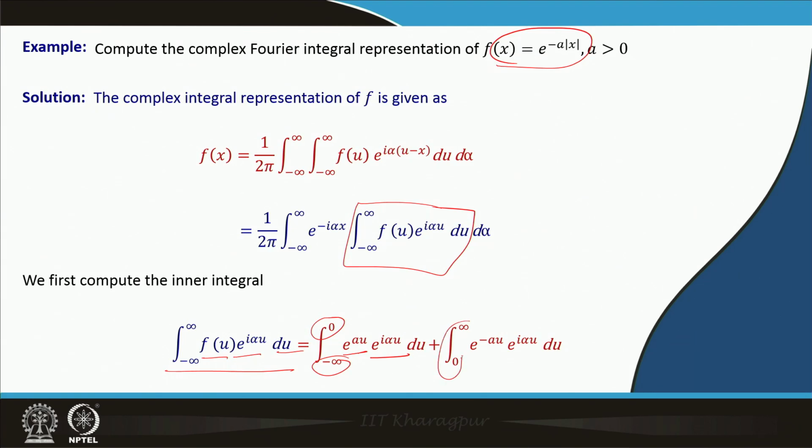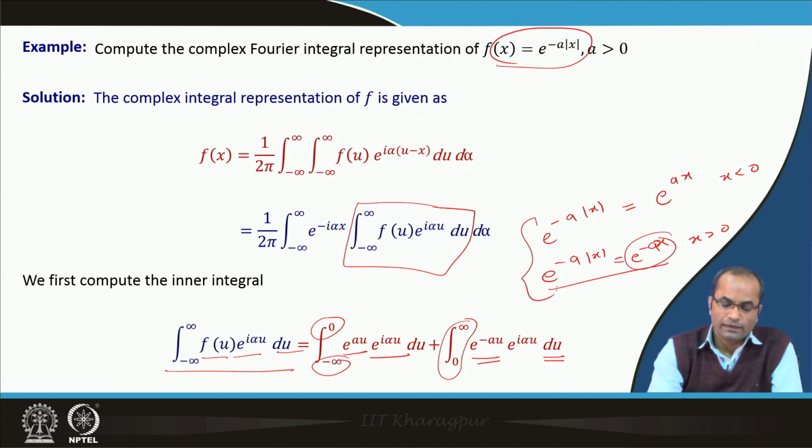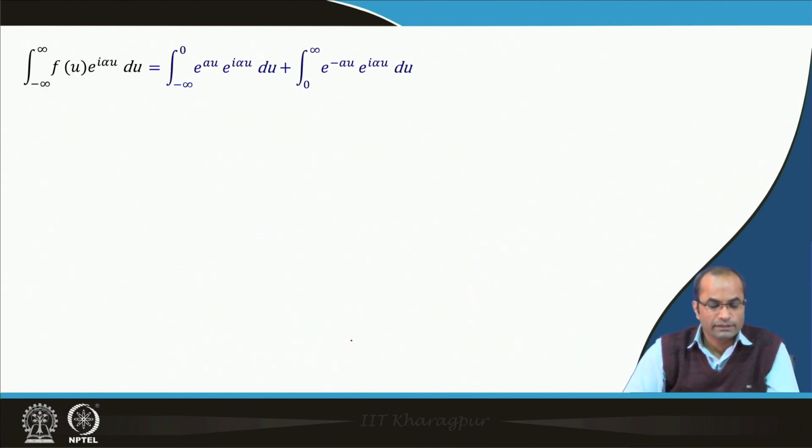When we are in the range 0 to infinity for u, e power minus a absolute value of x will become e power minus a x for positive values of x, and it will become e power a x if x is negative. So, that we have used here, and now we can integrate this.